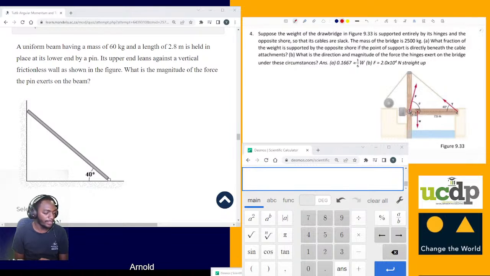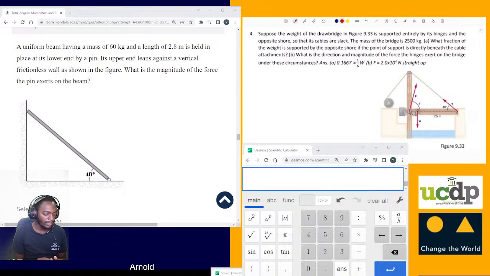So the question reads, suppose the weight of the drawbridge in Fig 9.3 is supported entirely by its hinges and the opposite shore, so that its cables are slack. The mass of the bridge is 2,500 kilograms.